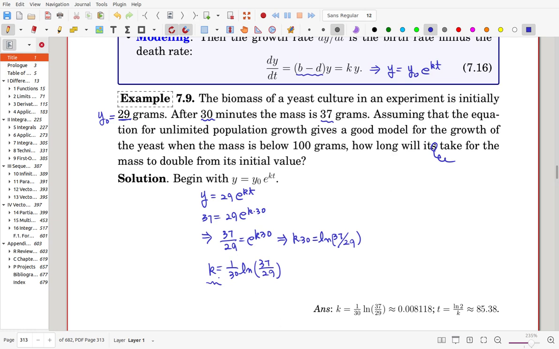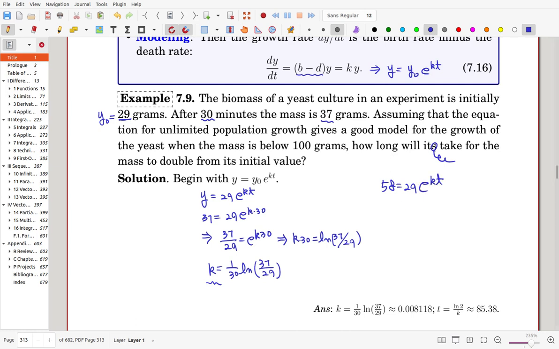Now, how long will it take for the mass to double? Initially 29, it becomes 58, so 58 equals 29 e to the kt.